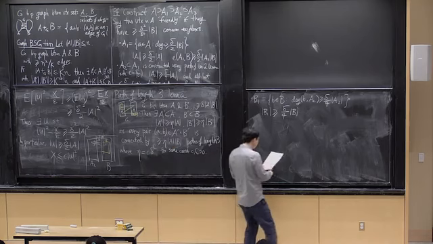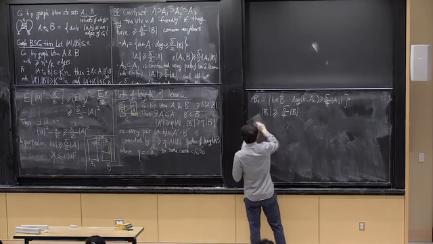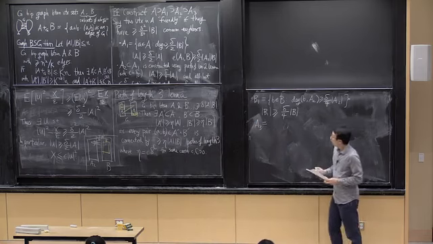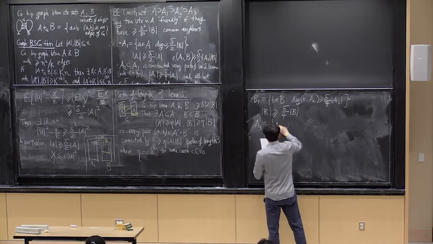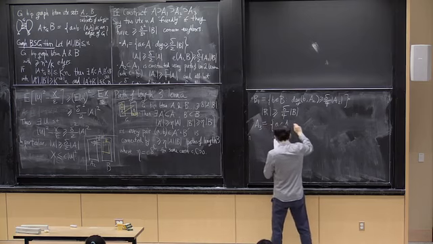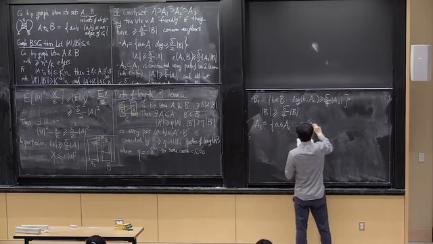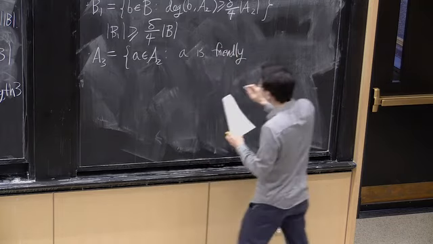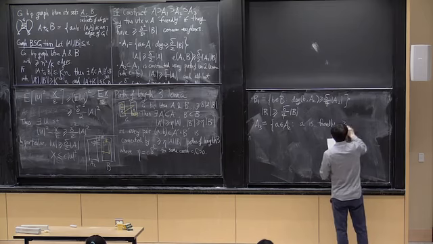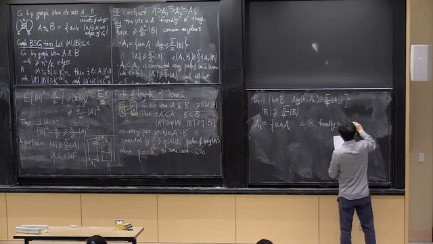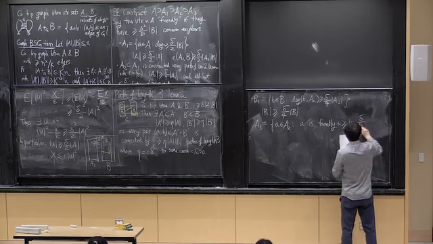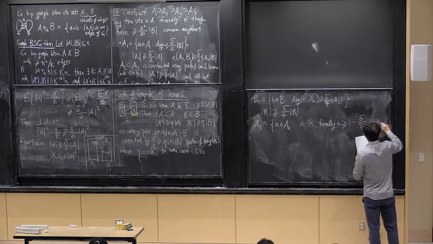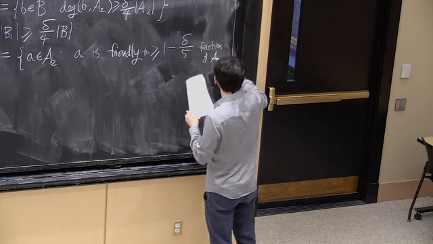Now, finally, let's consider A3 to be vertices in A2, where A is friendly. So vertices A in A2, such that A is friendly to at least 1 minus delta over 5 fraction of A2.